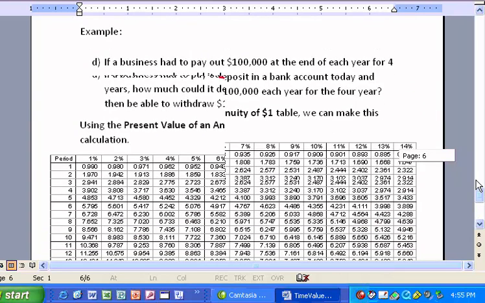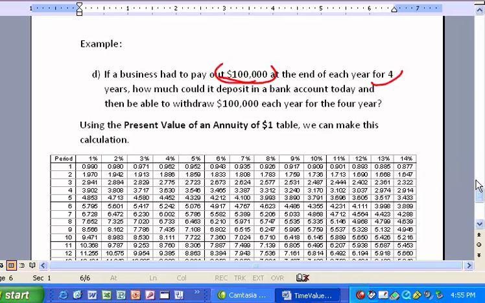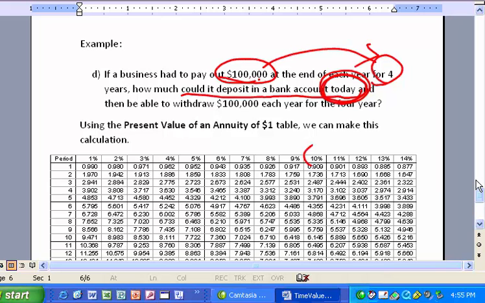Alternatively, what we can do is do this in reverse. What if a business had to pay out $100,000 every year for 4 years? How much would you have to put into a bank account today? And there's your key word to let you know that this is the present value, and it's an annuity because it's every year for 4 years. So we go to our table of 10% for 4 periods.